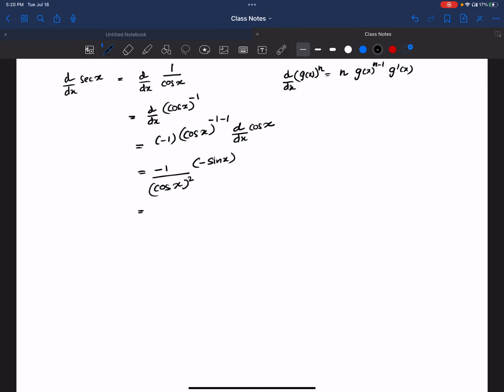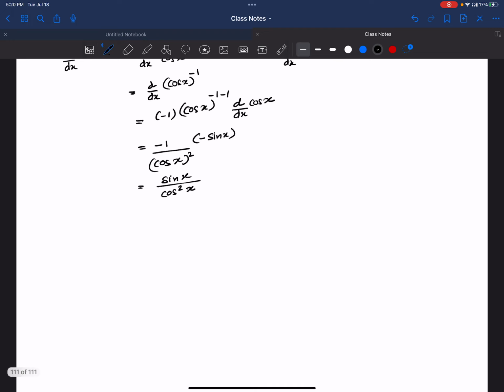So you have negative sine x times negative 1, which is sine x divided by cosine squared x, or cosine x squared, both are the same. I just want to reiterate that cosine x squared is equal to cosine squared x, and sine x squared we usually write as sine squared x.